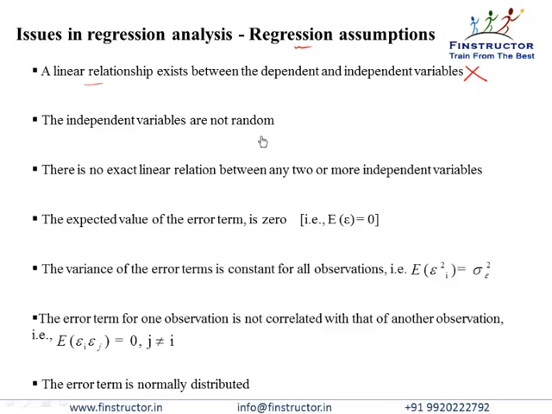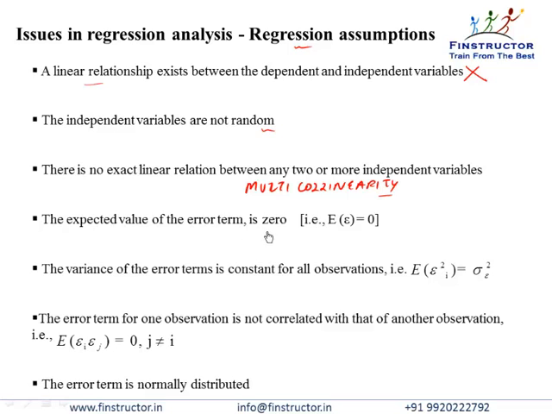The independent variables are not random, so they should not come from a stochastic or a regression type analysis themselves. There is no exact linear relationship between any two or more independent variables. So in multiple regression, this problem is called multicollinearity. We will study this in more detail in the coming slides.